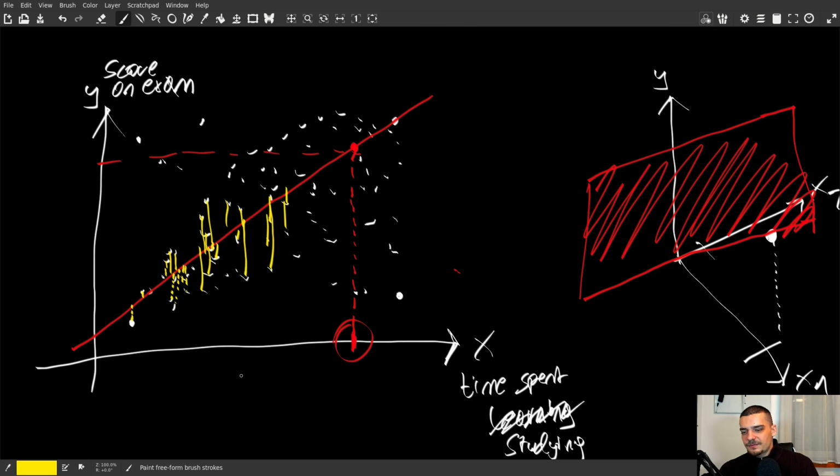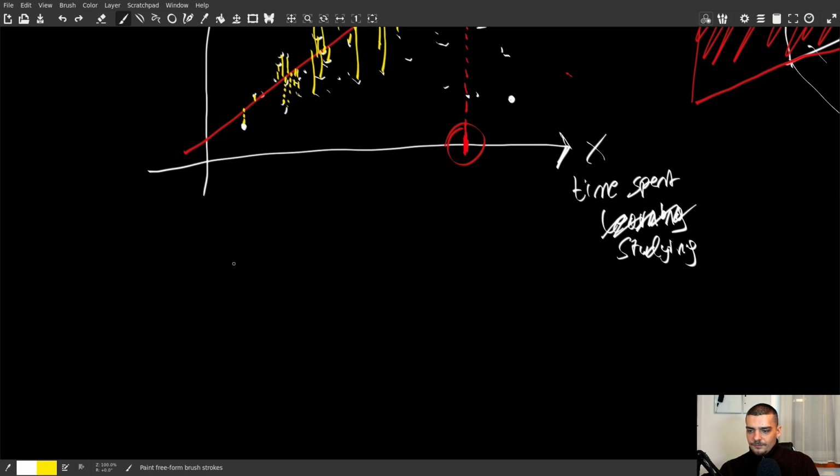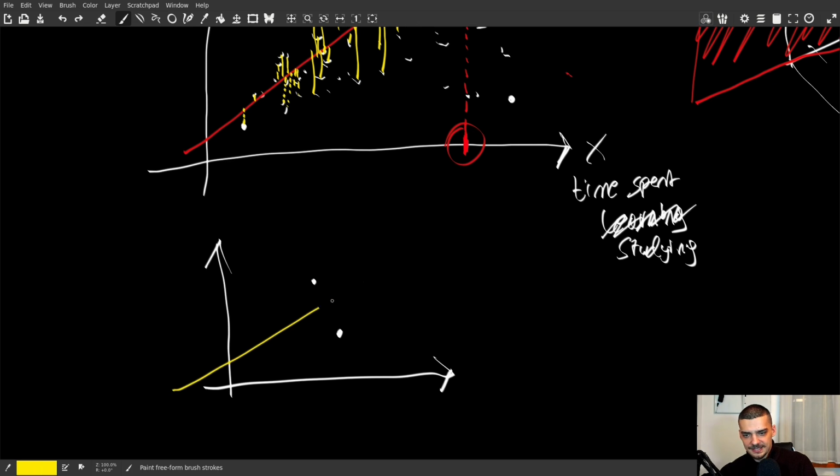The problem with this is, of course, if I just sum them up, they can cancel out. What do I mean by that? If I have, for example, a coordinate system with just two values, let's say something like this and this. Of course, in this case, it doesn't make sense because the perfect line would then be this. But let's say that I still have this line to evaluate the error. And let's say the distance here is 2 and the distance here is also 2.